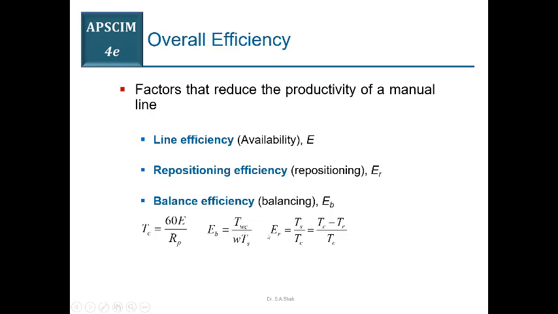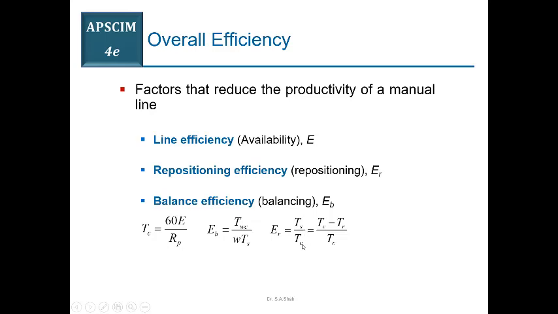सब output by input है. तो losses को अगर आप देखें जो repositioning losses है तो ER will be, output is the actual time that will be available to you, which is the actual processing time, and that is denoted by TS. And input is the total available cycle time, जो आपका theoretically आपने find किया है TC.